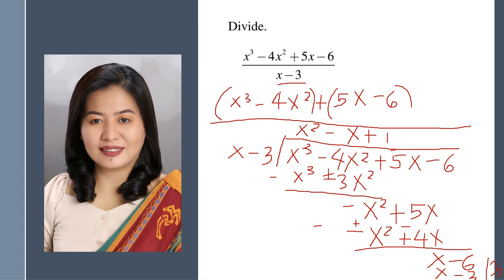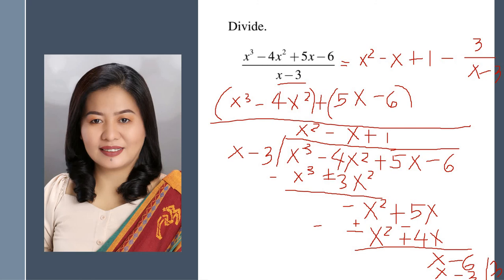Okay, so it means that our numerator is factorable, and it will give us an answer of x squared minus x plus 2. If there is a remainder, then we write it as a minus 3 over x minus 3. If you can have a remainder for whole numbers, we can also have a remainder for polynomials.